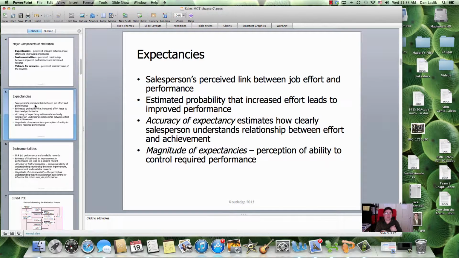So expectancies, let's go into these in a little bit more detail. Here's the key. The link between effort and performance is what expectancy is. How accurate is this expectancy? You learn over time. And this magnitude of expectancy is the perception of the ability to control the required performance.